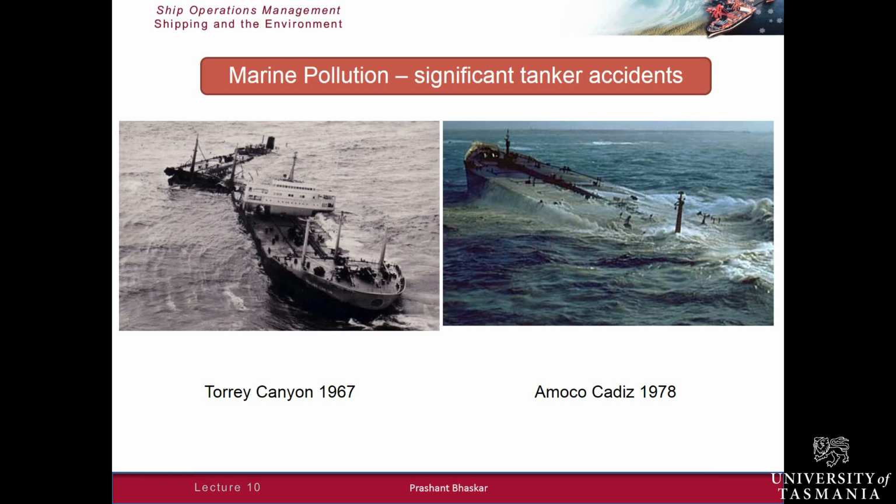There was another issue that was raised by the Torrey Canyon disaster, and that was that the accident happened beyond the territorial sea of the United Kingdom. And strictly speaking, at that time, as maritime law existed, the United Kingdom didn't have any jurisdiction to do anything to the ship. I mean, ultimately, it did bomb the wreck to burn the remainder of the oil.